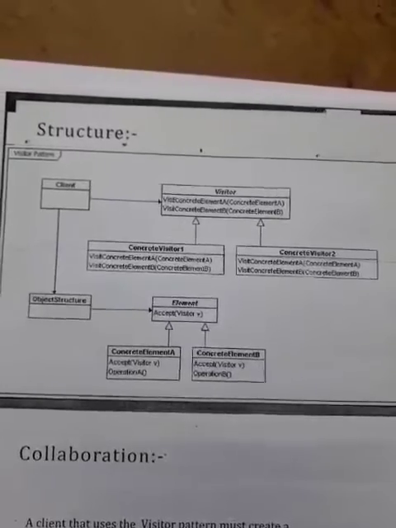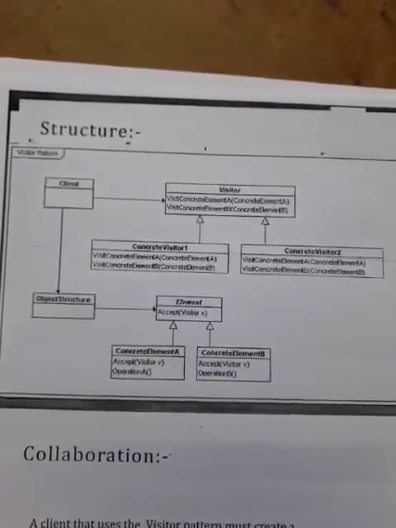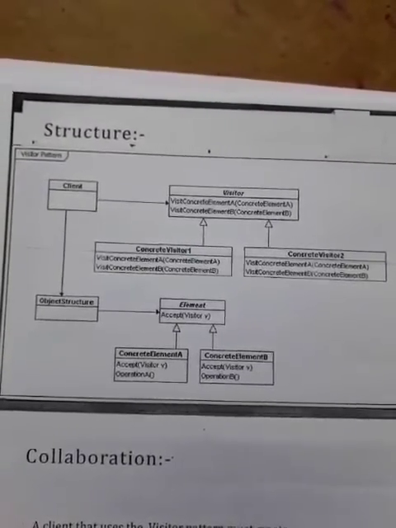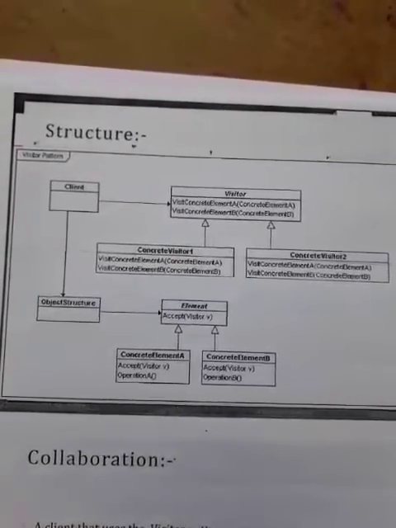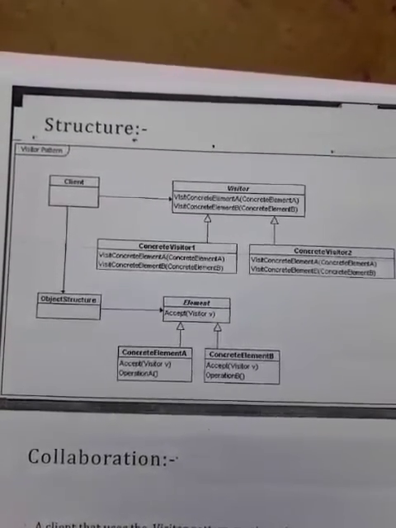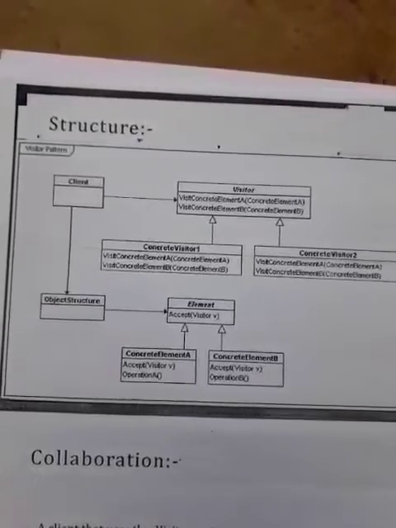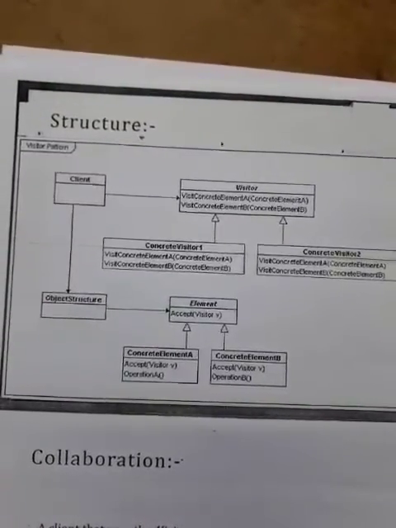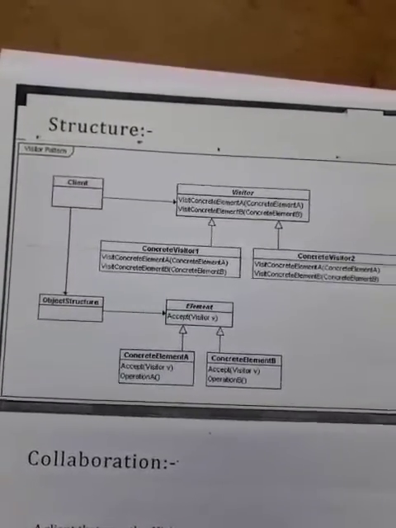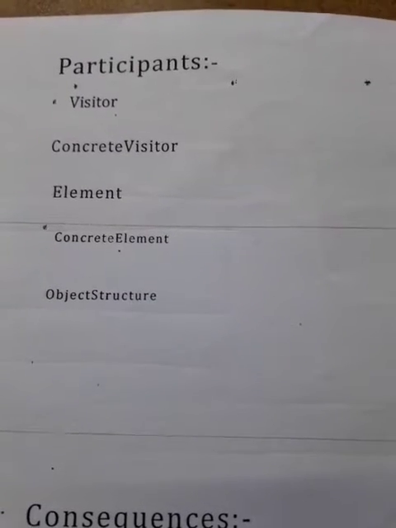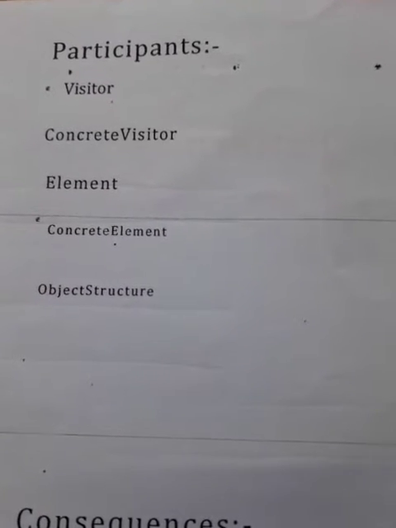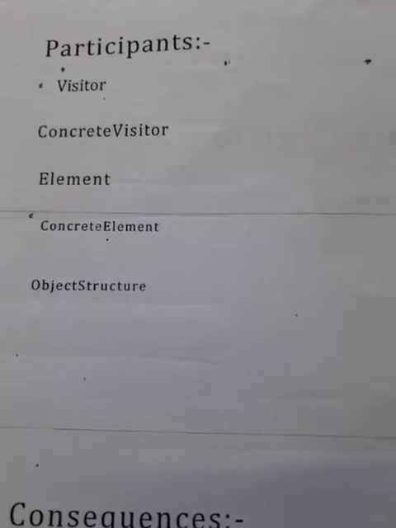Coming to the participants in the visitor pattern, the first one is visitor, the next one is concrete visitor, then element and concrete element, and the final one is object structure. Here, the visitor is nothing but the node visitor in our motivation diagram.